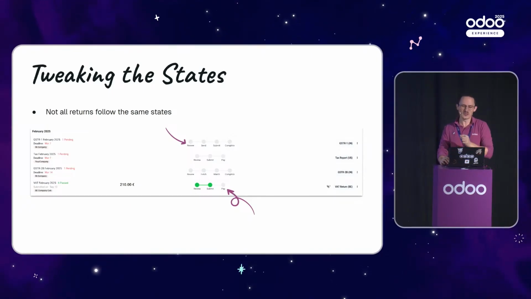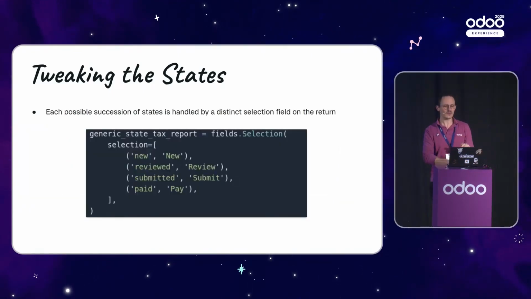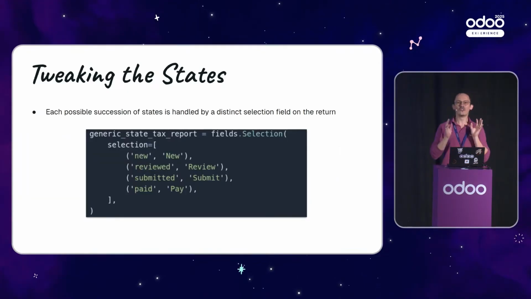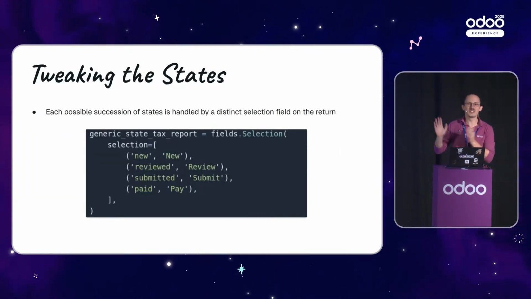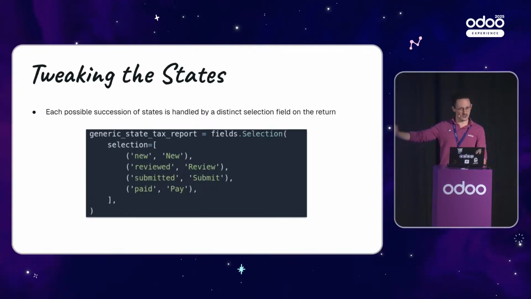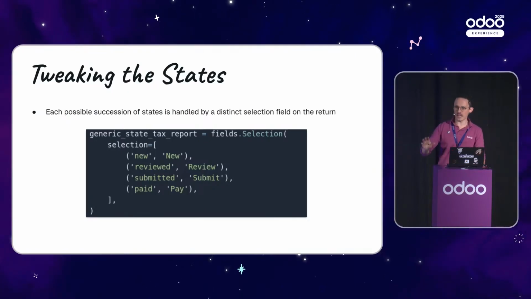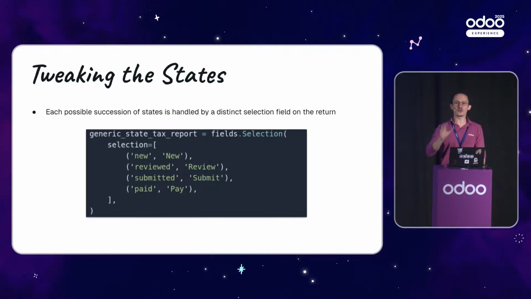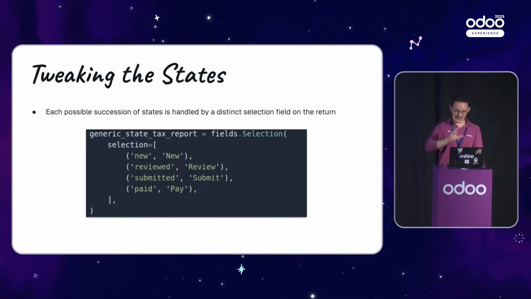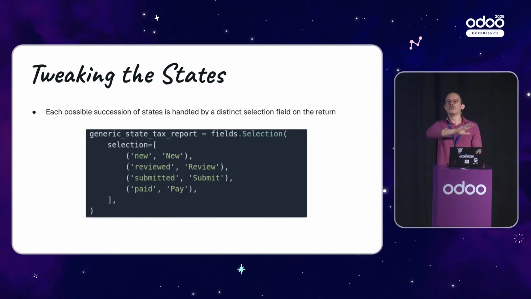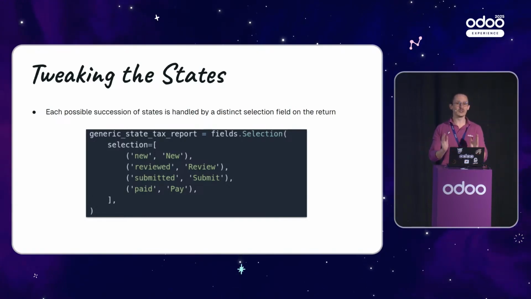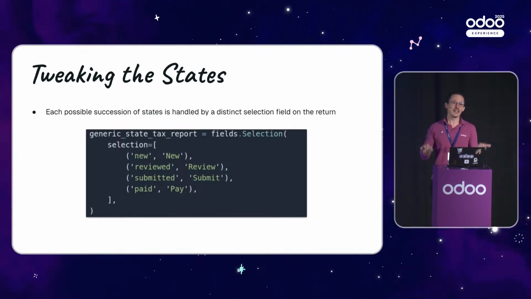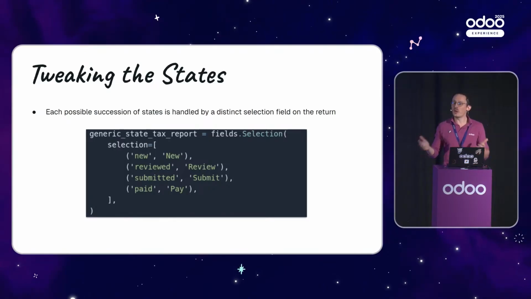How does it work? How do you do that? Well, here is how you define a flow of states for the returns. You can see it's basic Odoo, it's just a selection field that we put on the return. Each flow of states that we want to support corresponds to a distinct selection field. So if you're following me, that means every return gets a new selection field for each of the possible flows, even though it will only use one of them at a time.